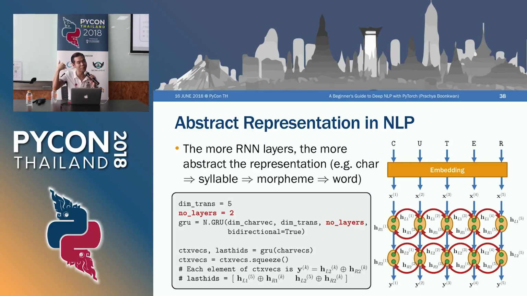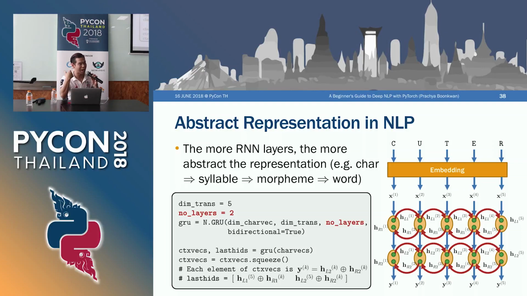And if you add even one more layer, you can now learn a word. So the more layers, the merrier. But that's not always the case, because you've got to train for a long, long time. So you've got to find the optimal number of layers for your work. For this case, I'm using 2 layers of RNN right here.